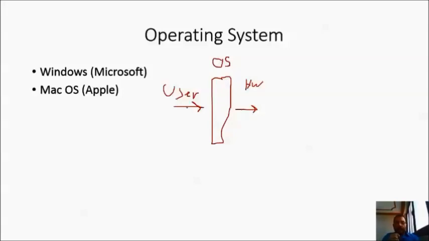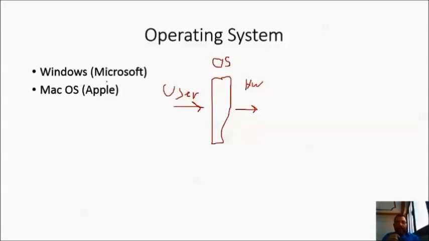Why? Because the user cannot translate his commands to the hardware of computer without a translator. Here the translator is the operating system, which translates the commands of the user to a language that is understandable for the hardware devices.